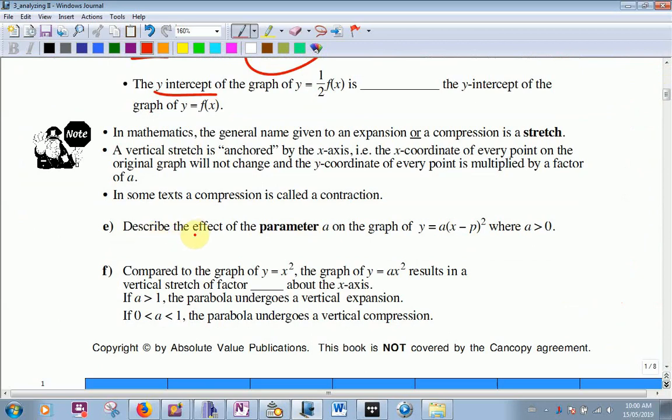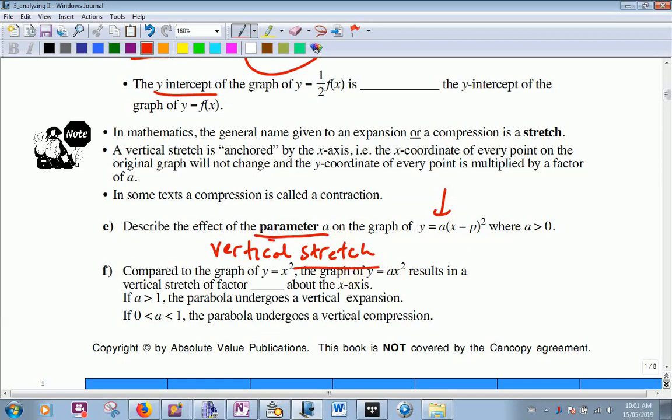So, describe the effect of the parameter A. What does A do? Makes it skinnier, makes it wider. Or, we got another word. Stretch. An expansion or a compression is called a stretch. Don't blame me.